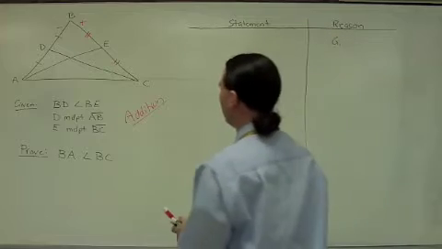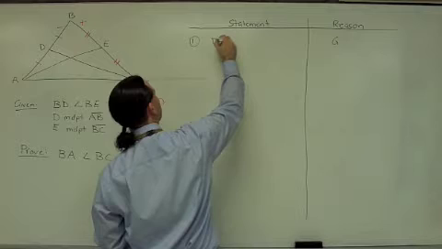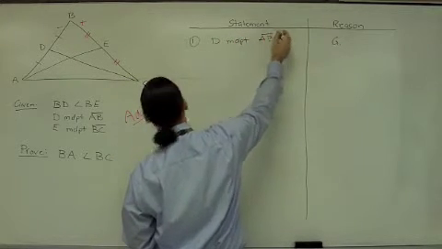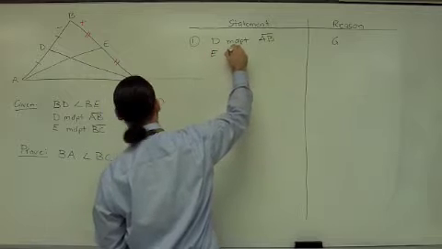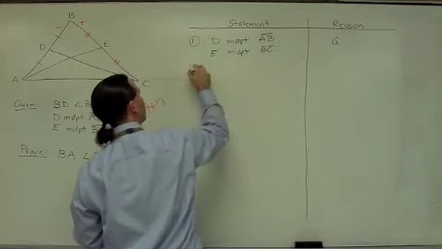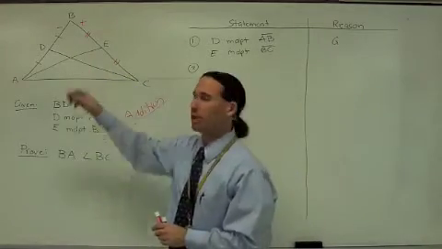So let's see what we have so far. Well, we already know that D is the midpoint of AB, and E is the midpoint of BC. So from that, we can make those two statements of congruent segments that we talked about.